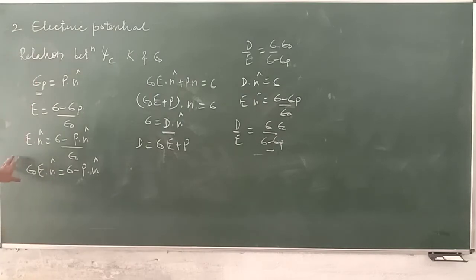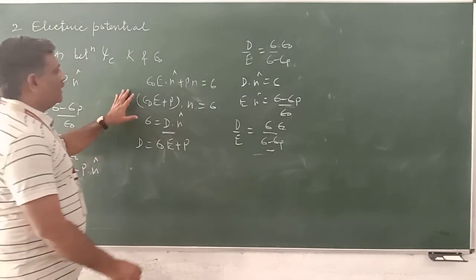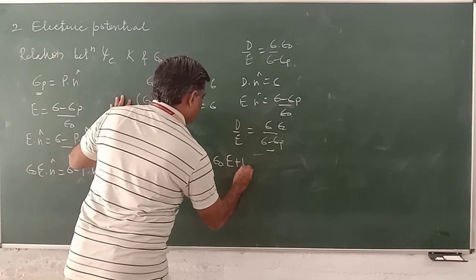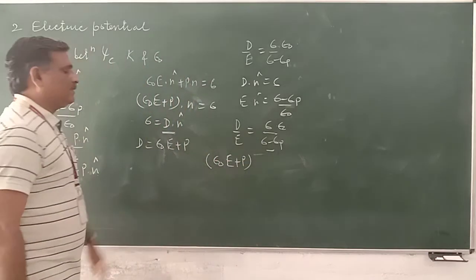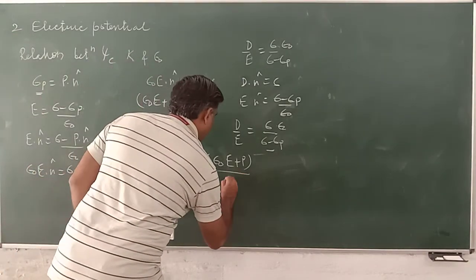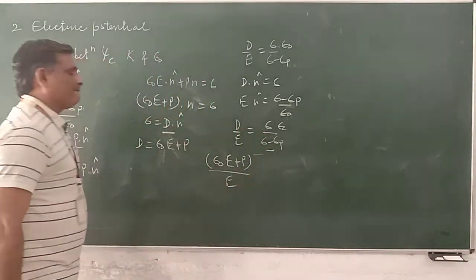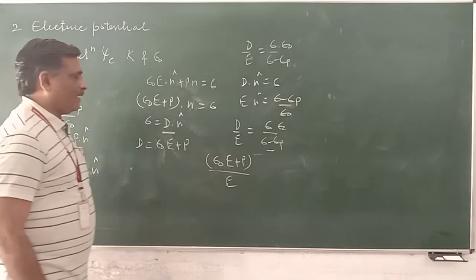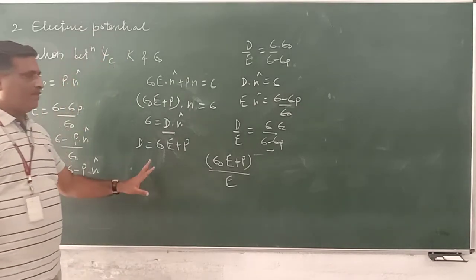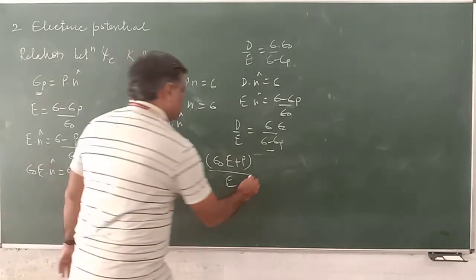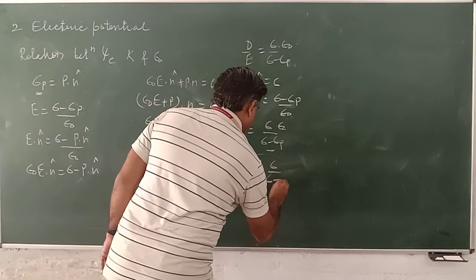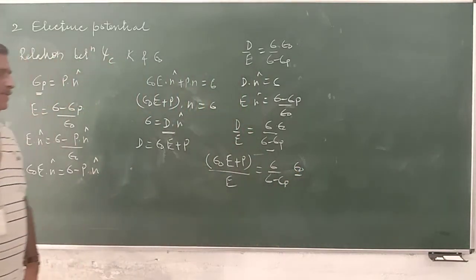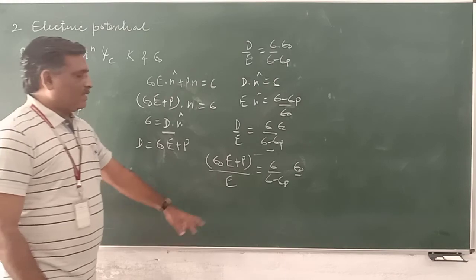Now we can write D is equal to epsilon 0 E plus P. Overall, the final relation is sigma divided by sigma minus sigma p, which is the permittivity epsilon divided by epsilon 0.